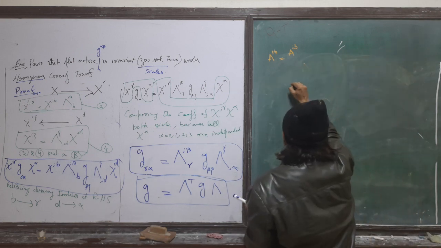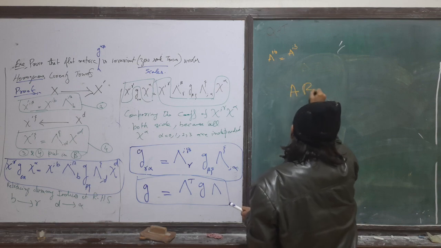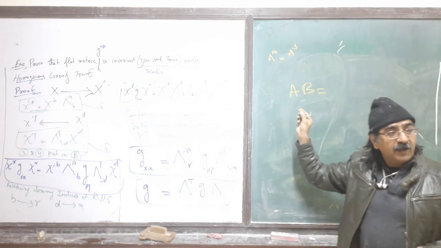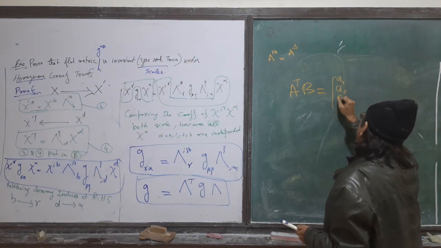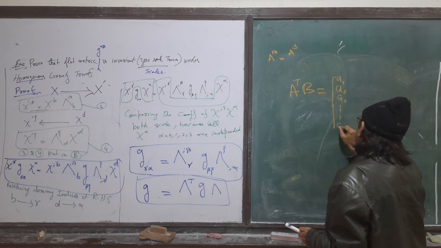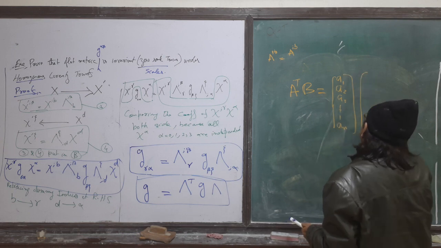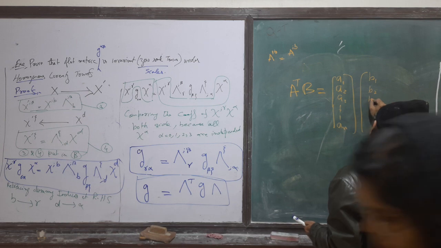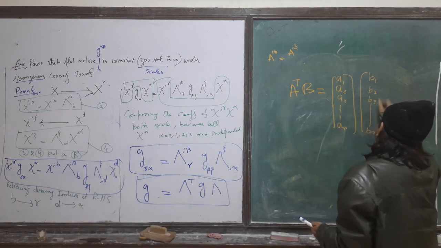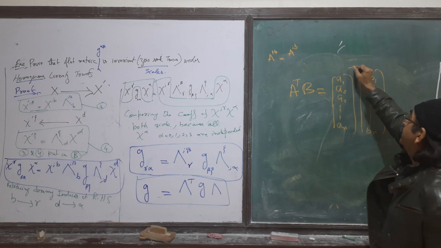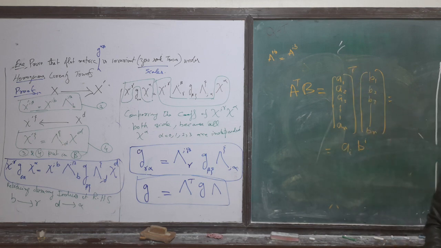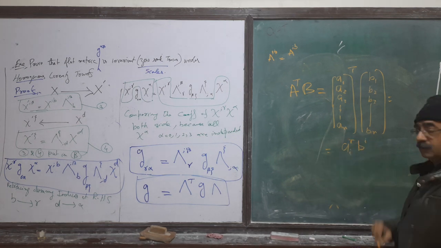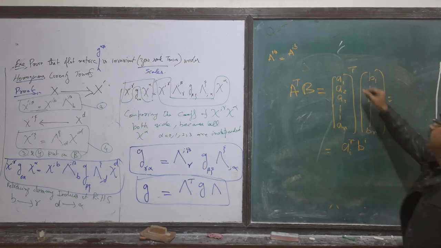If A and B are matrices, I have not used any indices. A1, A2, A3 are the components, B1, B2, Bn. And we have taken the transpose, if you remember.